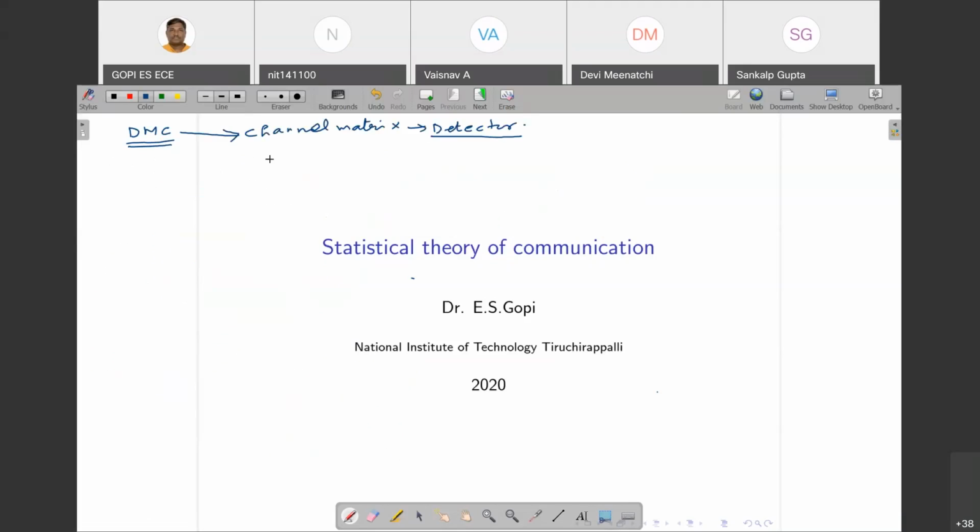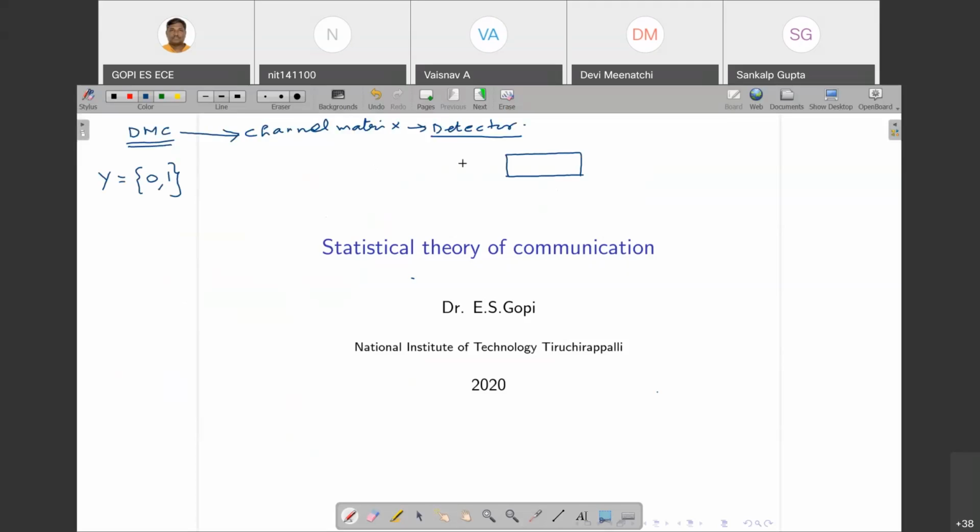So now how to construct that detector? Before that, what does it mean? In this case, the random variable y is going to have either 0 or 1. Recall what I told a little earlier.